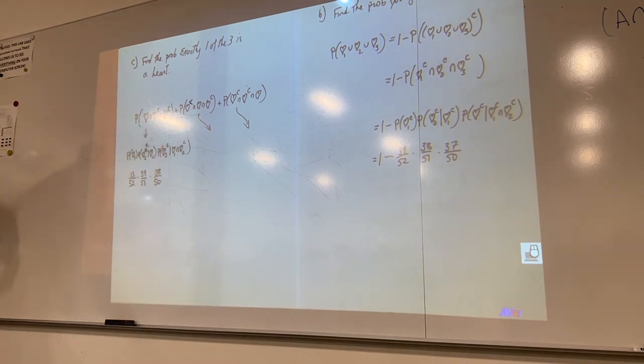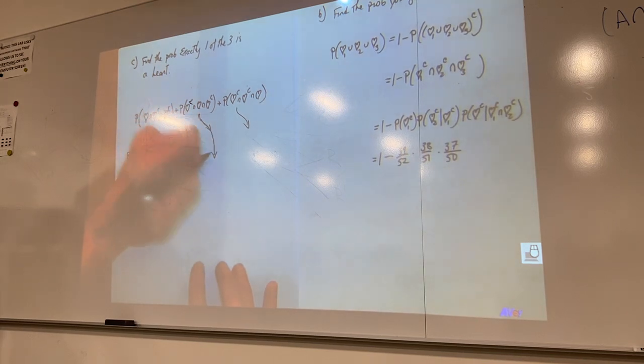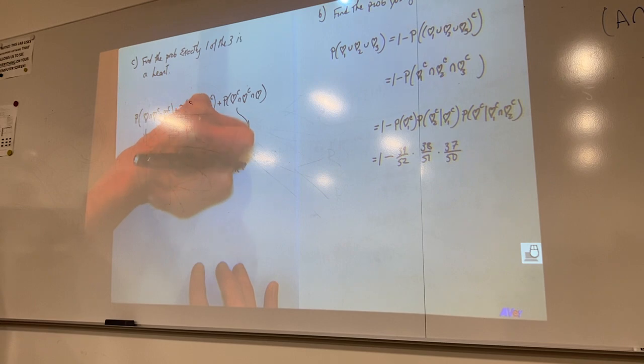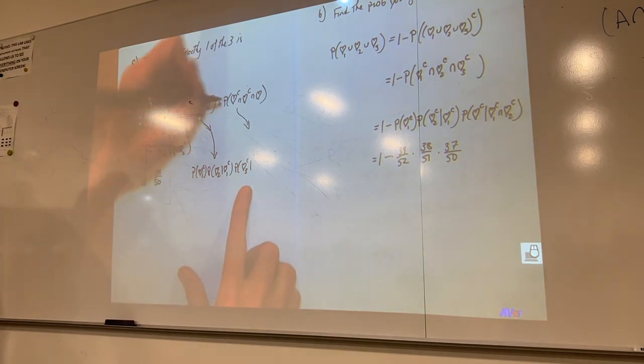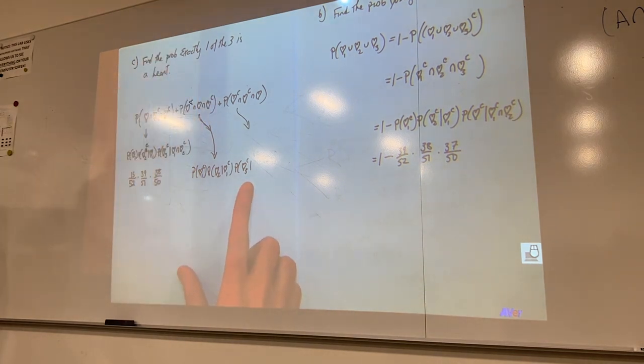Now, if you do the same for each of these, and let's do one more down here, here's the probability the first is not a heart, the probability the second is a heart, given the first was not, times the probability the third is not. Shouldn't these all come out to the same thing? That's the point. Yes, they should. It's just a reordering of the numbers in the numerator.